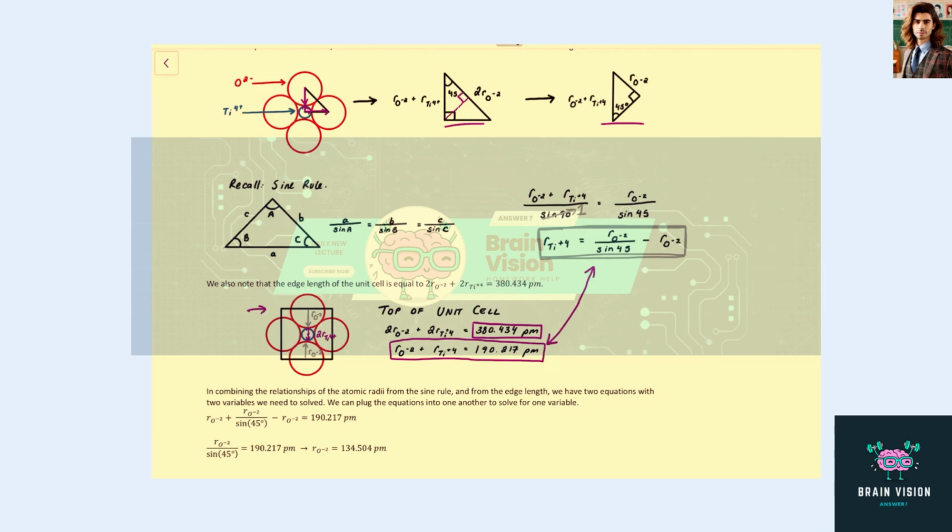So in combining the relationships for the atomic radii from the sine rule and from the edge length, we can use these two equations to solve the two variables within them. And we can do this by plugging one of the equations into the other to solve for one variable.